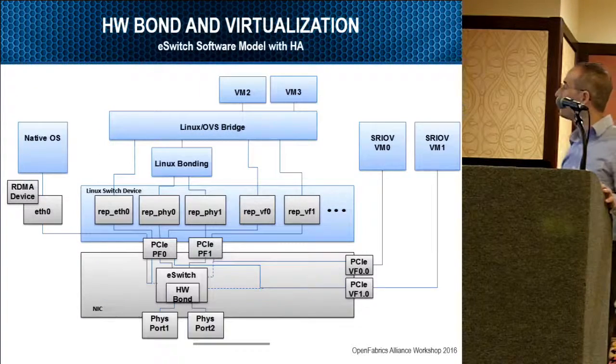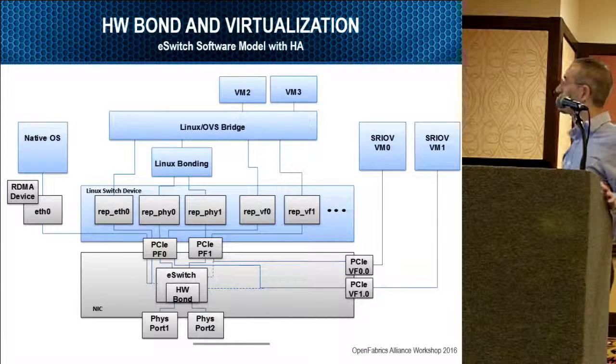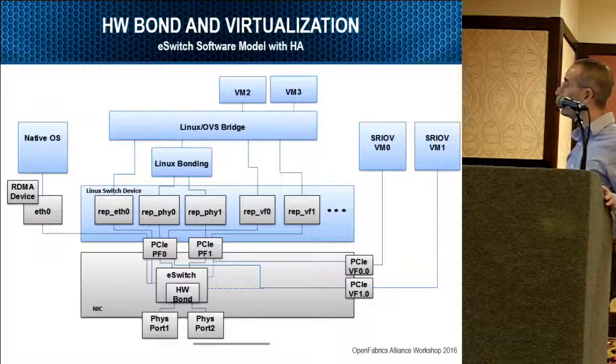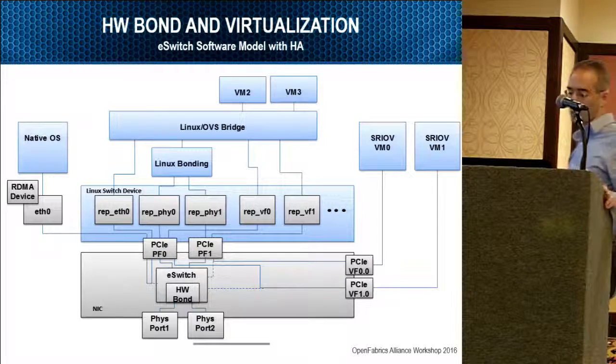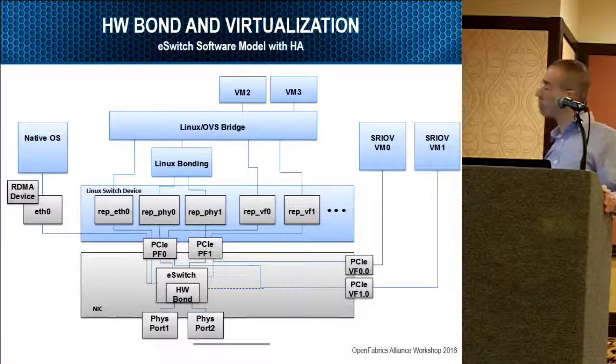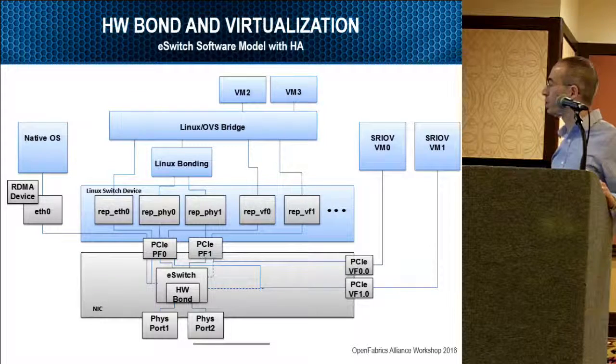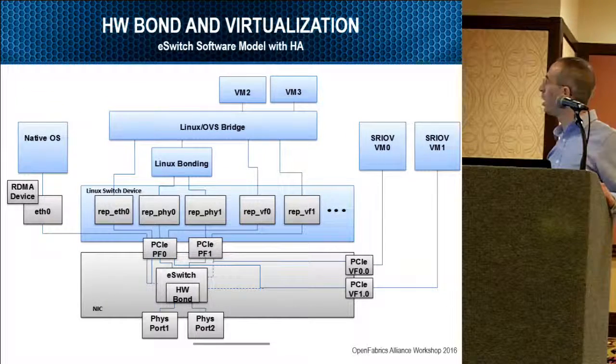How does this relate to bonding? In this slide, we can see how bonding fits in. We still use the standard Linux bonding. We bring up the bonding with enslavement of the actual physical port representers. We are using the same model as before, but in this case, the port that we associate with the Linux bridge is the port that is exposed by the Linux bonding module.